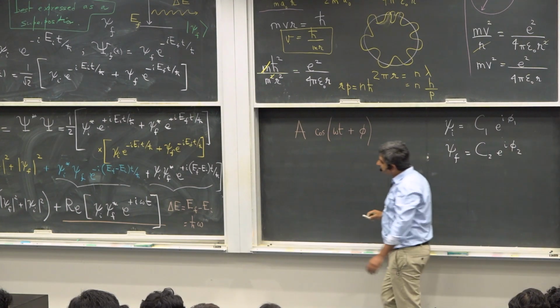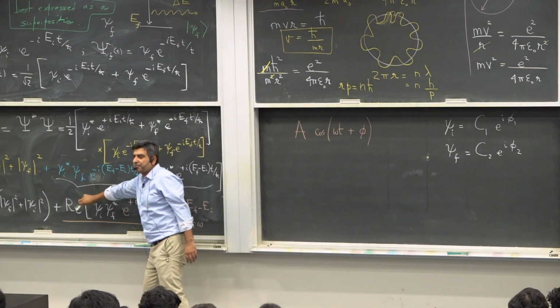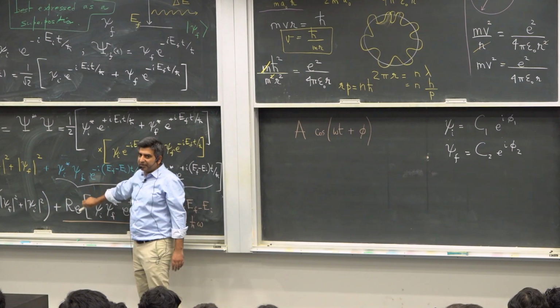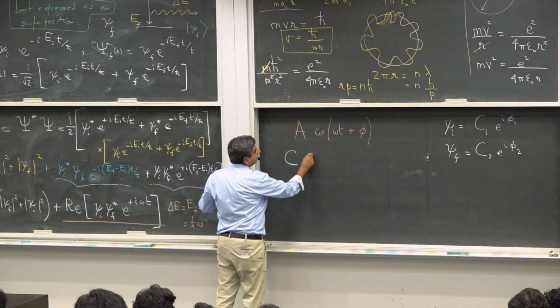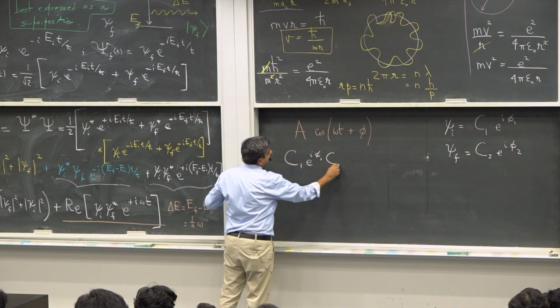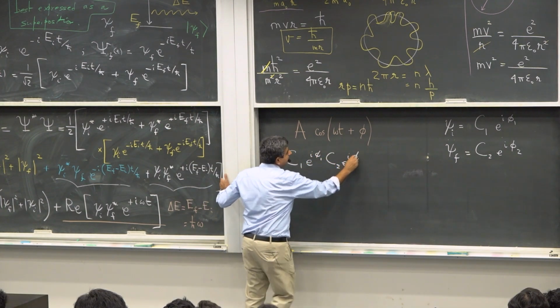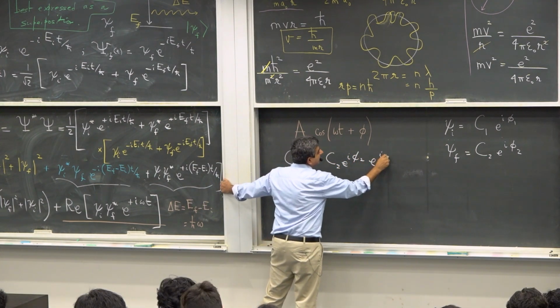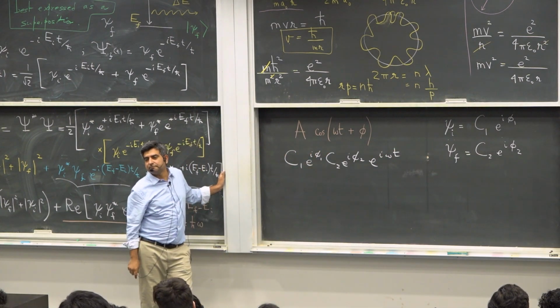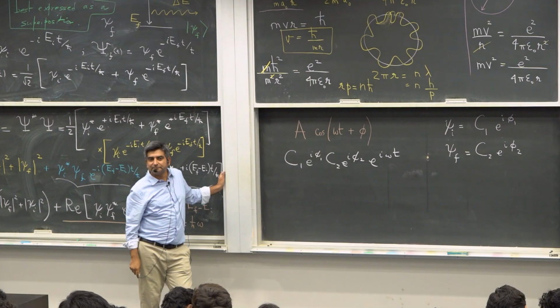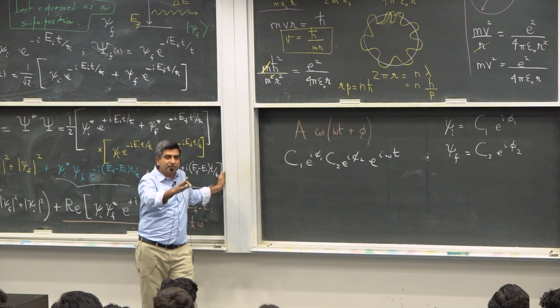So if I just look at this term, which is the only time dependent part in the probability density function, I'm left with C1 e^{i phi 1} C2 e^{i phi 2} e^{i omega t}, correct? So far so good?